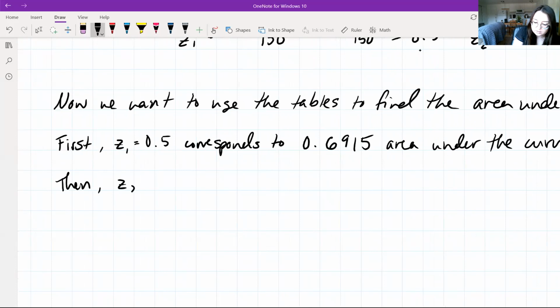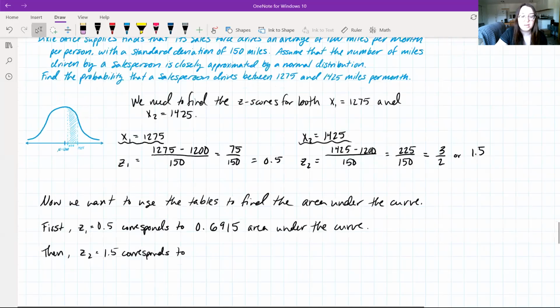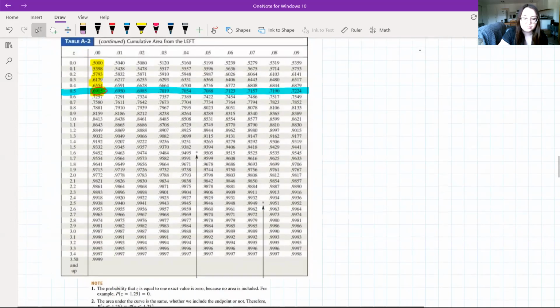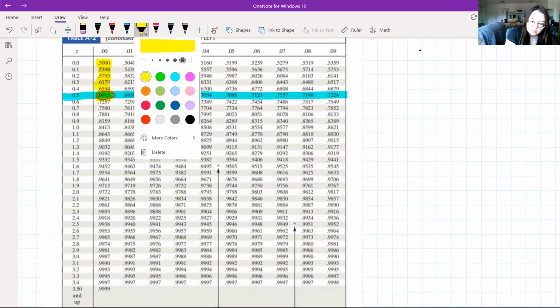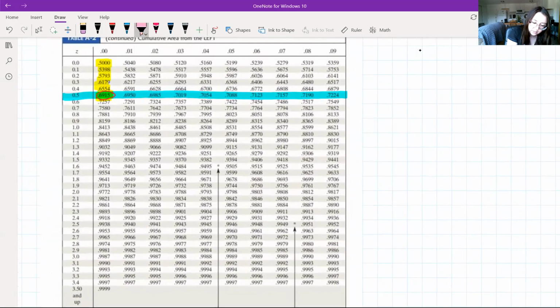Then z2 is equal to 1.5 corresponds to, and then we need to find this value as well. So we can use a different color here. We go down our very first column of positive z-scores, and we find 1.5.